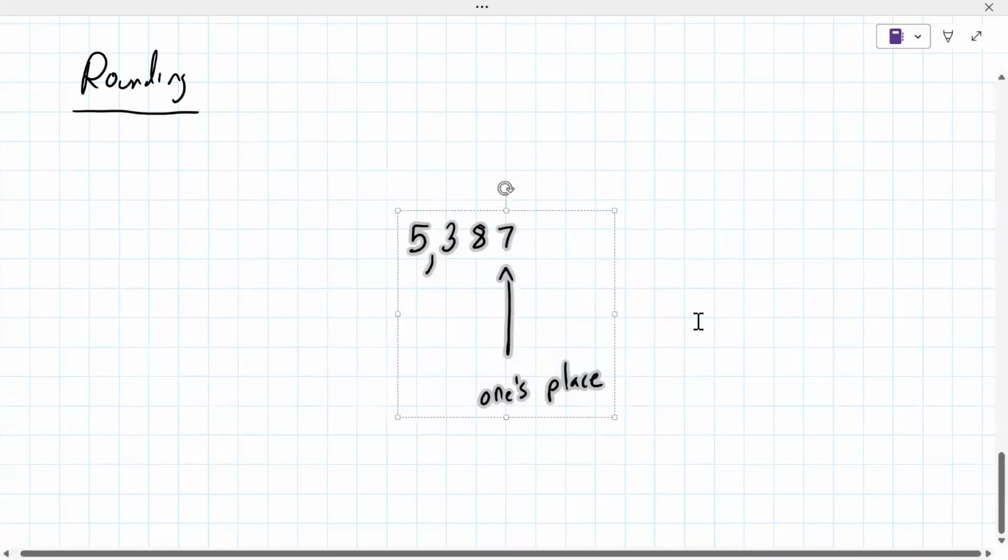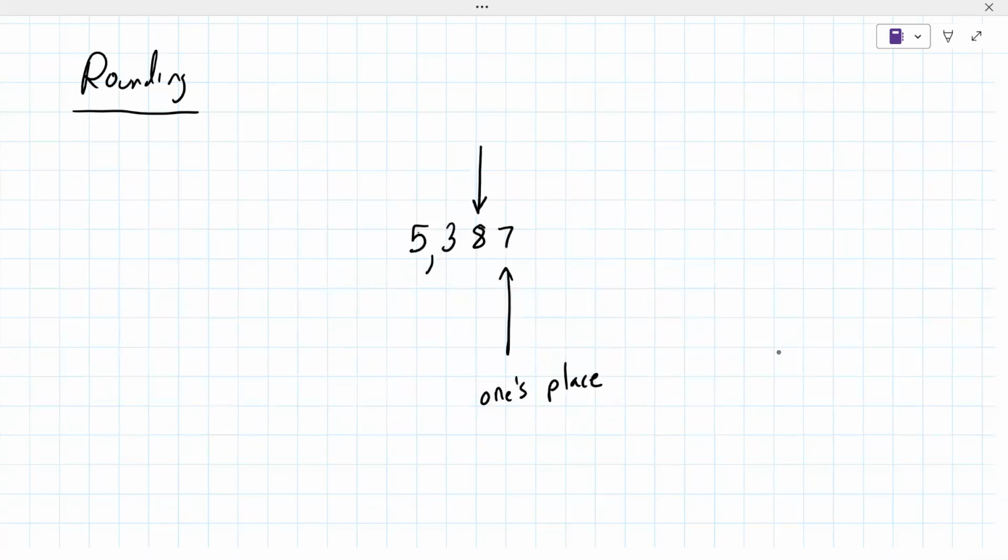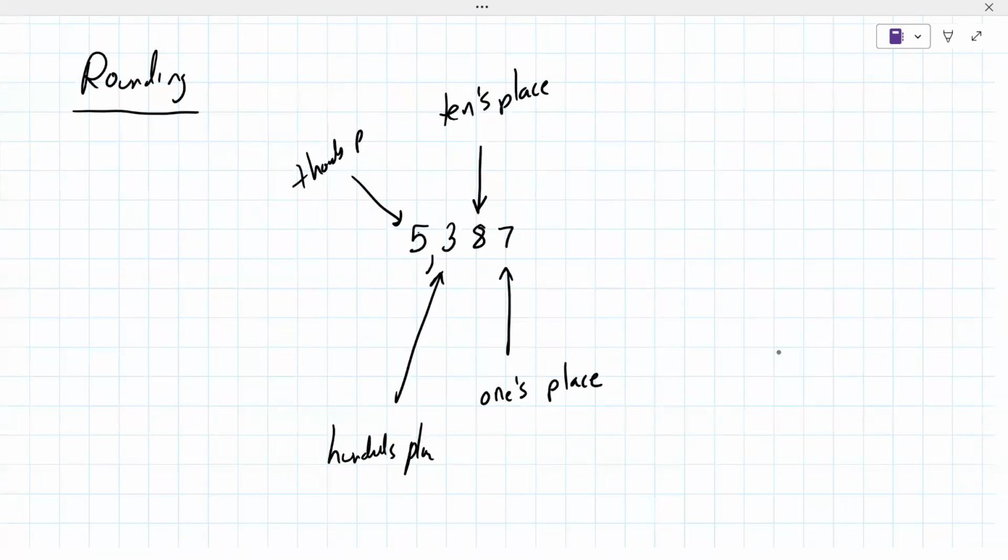What place is the 8 in? The tens place. And how about the 3? What position is that in? Hundreds place. And how about the 5? Thousands. Thousands place, okay. Very good.